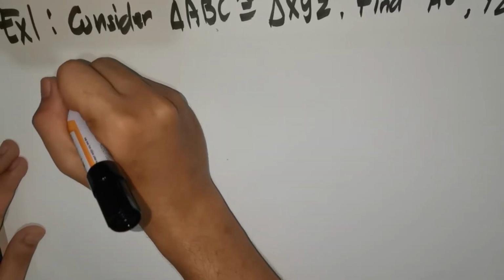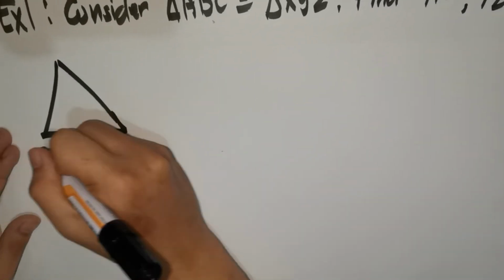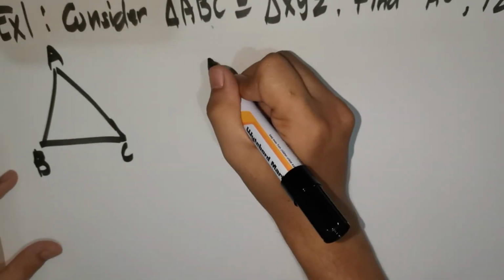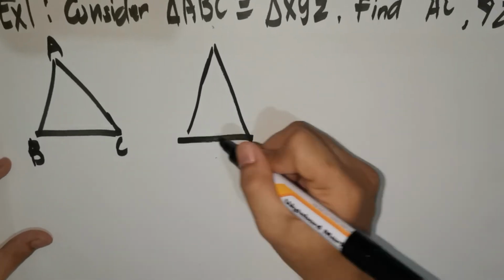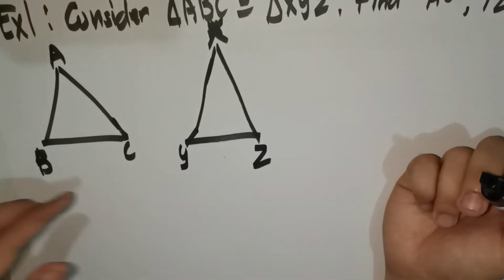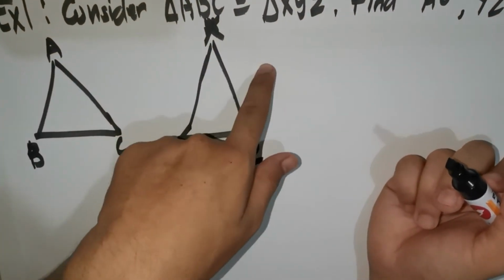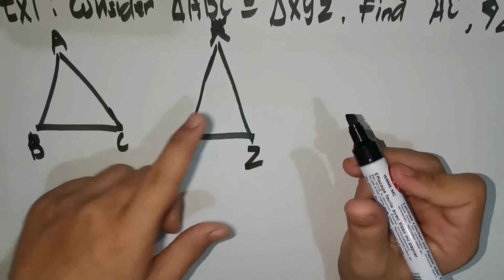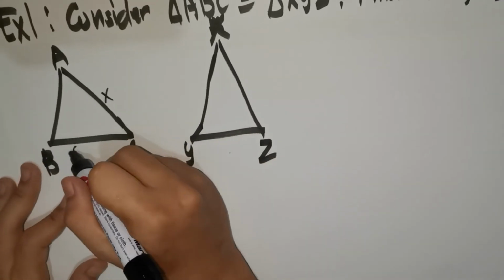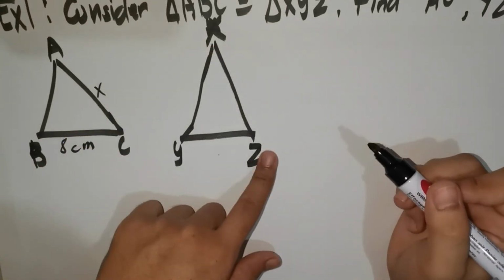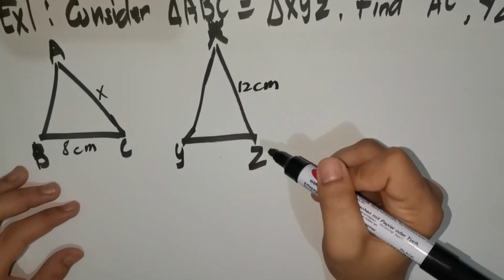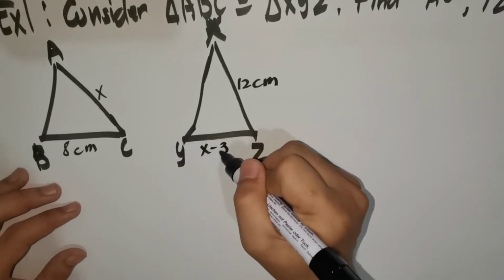So we have triangle ABC, and we also have triangle XYZ. So these two triangles are congruent based on the given. So with this given, we also have AC as x, and then we have BC as 8 centimeters. And then we also have XZ 12 centimeters, and then YZ is x minus 3.